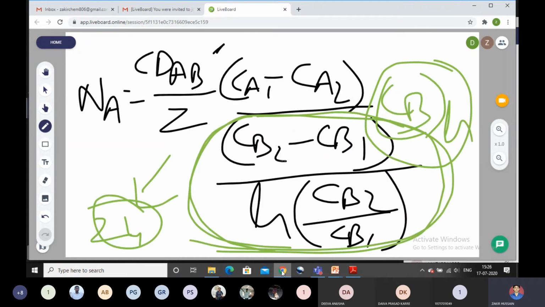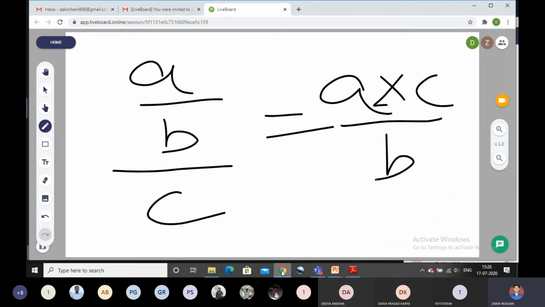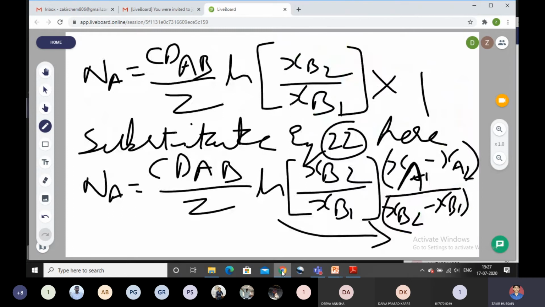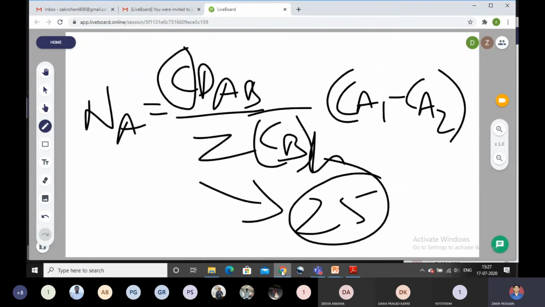Okay, this slide I think I can use. Now see, in place of all these equations we can write that equation.